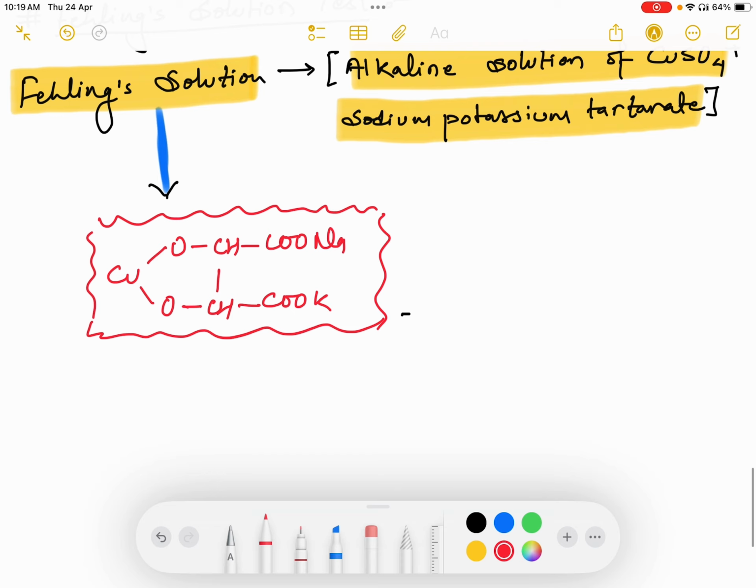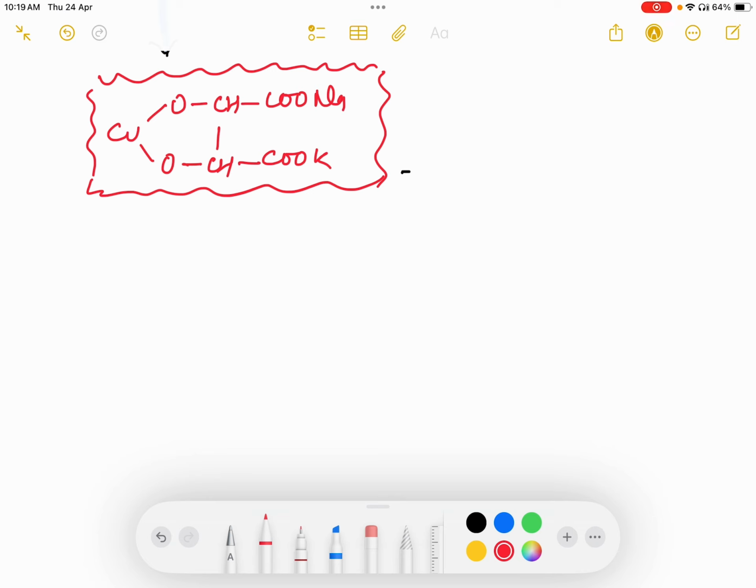Okay, now let's move on to the reaction. When you have an aldehyde group, RCHO, and it is treated with Fehling's solution, from here we only use the Cu2+ ion, copper ion, and hydroxyl ion. During the reaction, we only write this.